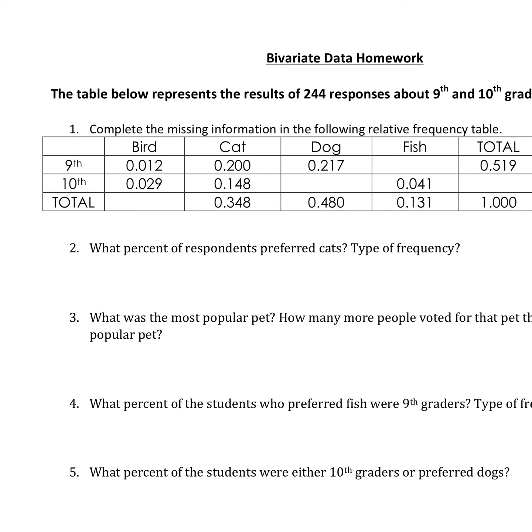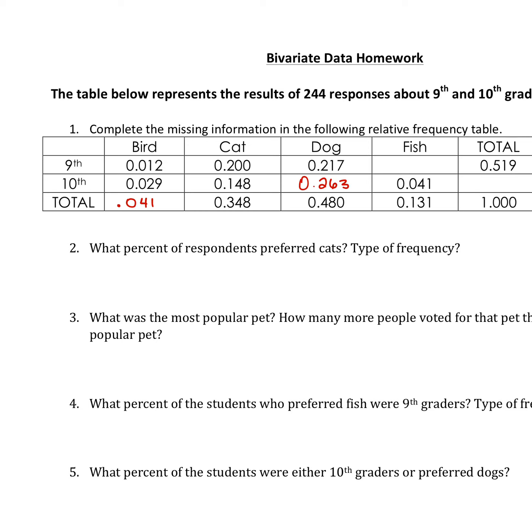We got birds. The missing number for birds, 0.012 plus 0.029 is 0.041. Missing number for dogs, we're going to subtract our total and our 9th graders to find how many dogs were liked by 10th graders, which is 0.263.